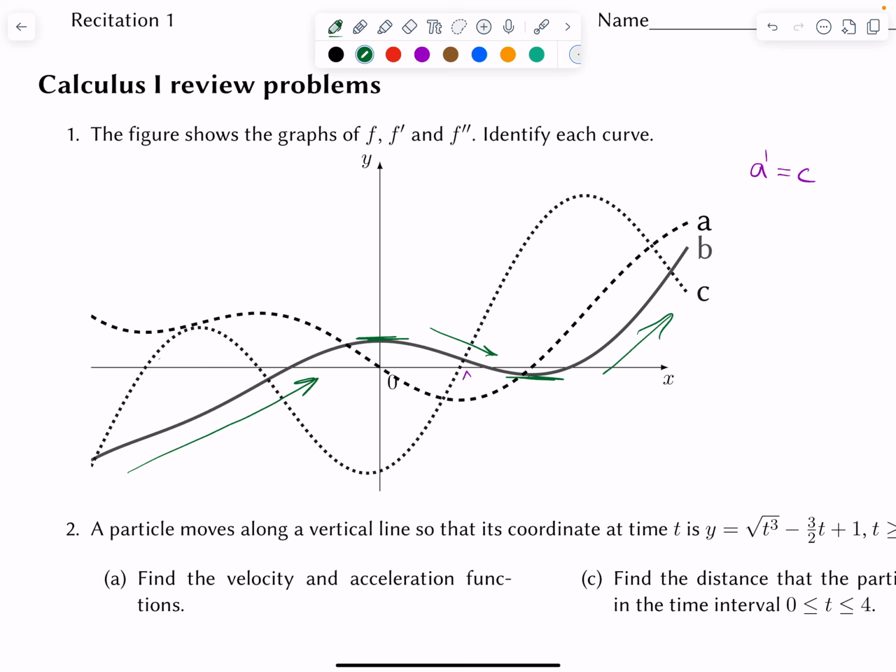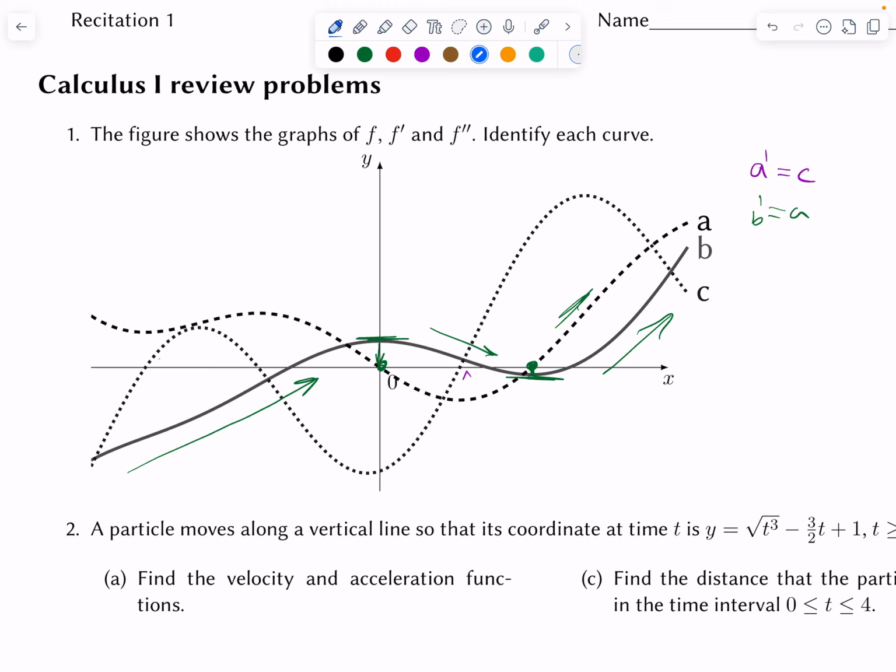So the derivative of the solid gray function should be positive, then 0 right here, which notice that this dashed line does. And then it should be negative, then 0 right there, then positive. So B prime is equal to A.